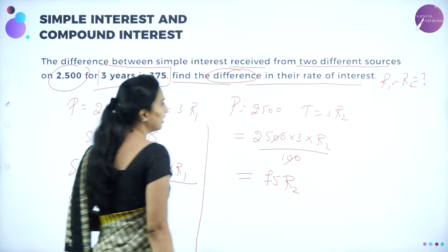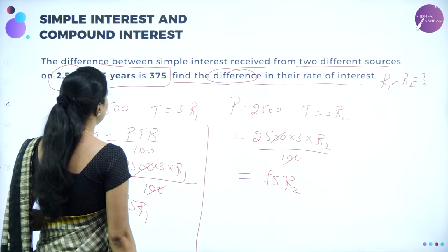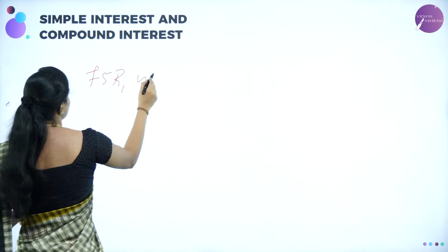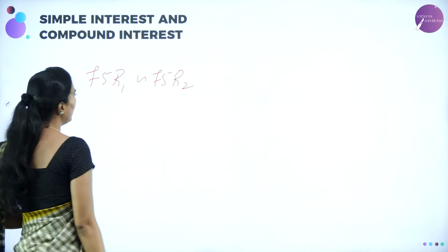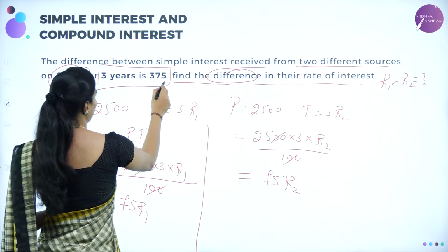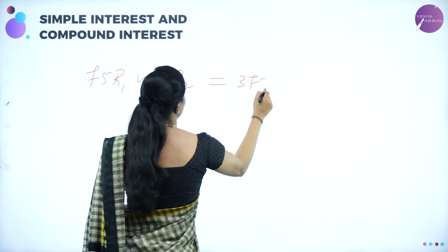So we need to take the difference of that. So the difference will be 75R1 minus 75R2, right? So here we are finding the difference between these, which they have given as the amount 375. So it will be equal to 375.